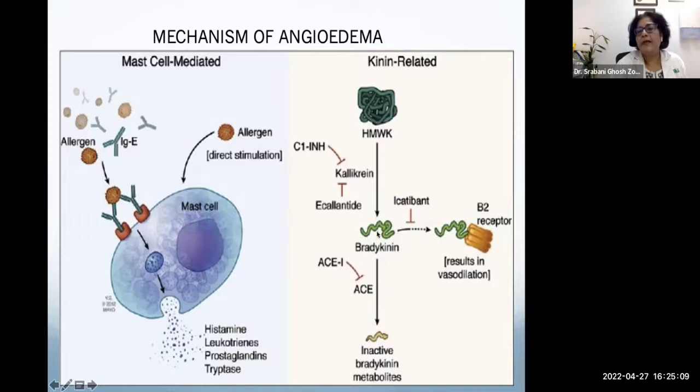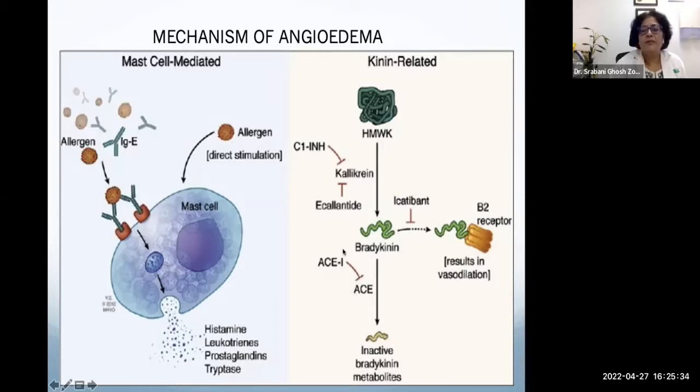Now this bradykinin binds to the B2 receptor in order to cause vasodilatation, and icatibant is a new drug which blocks this receptor and thereby the action of bradykinin. And here you can see bradykinin is degraded to inactive metabolites with the help of the ACE enzyme.